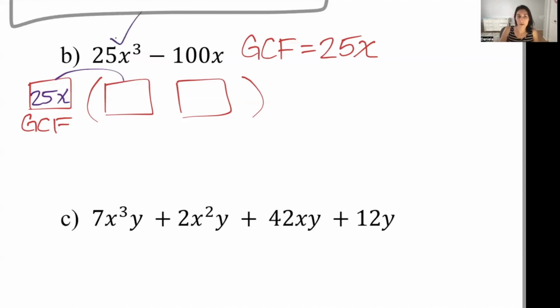Well, I already have a 25. I have 1x, but I just need 2 more, right? Because they have to add up to 3. Okay, and then 25x times what gives me a minus 100x. So we already have an x. We don't need to add any more. But 25 times a negative 4 gives me that minus 100x, okay?